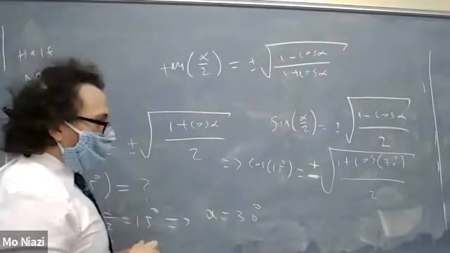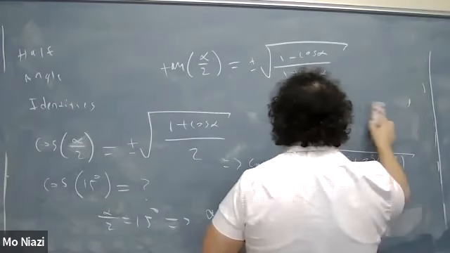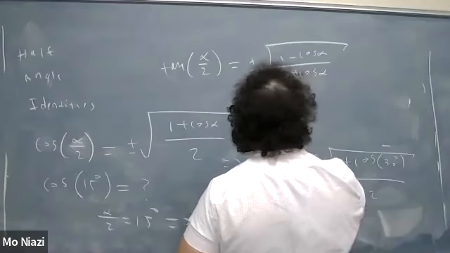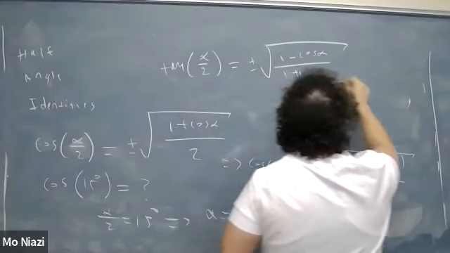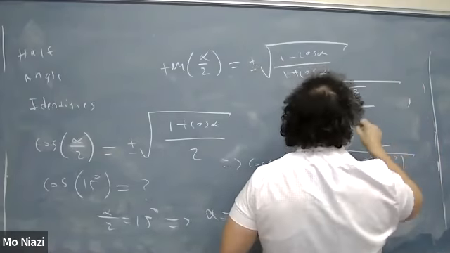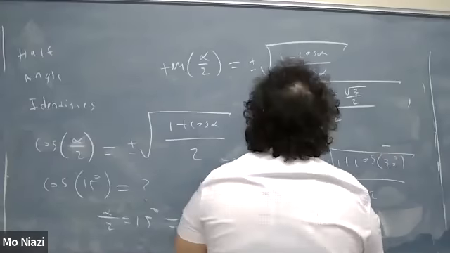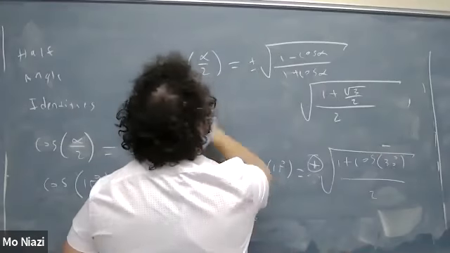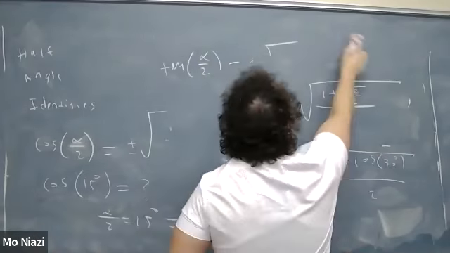And so, what is the cosine of 15? Well, it's that. But what is that? Well, it's this. Okay, but what is that?